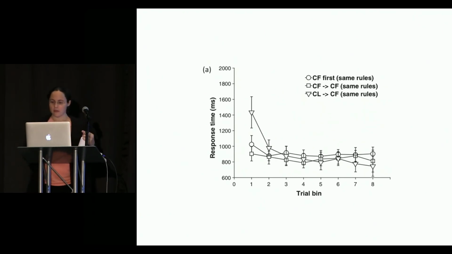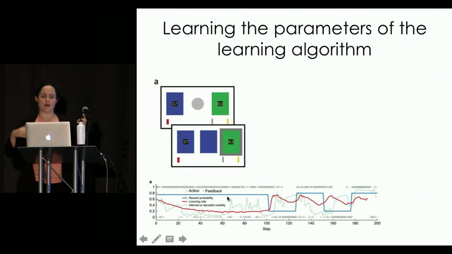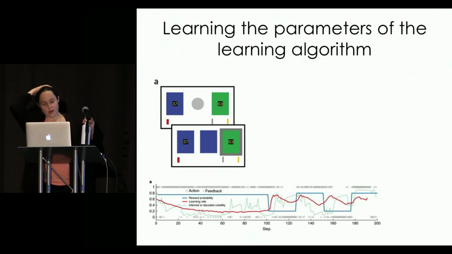Okay. Another version of learning how to learn is learning to tune parameters of your algorithm. So Tim Behrens and colleagues developed this task where it's a 2-arm probabilistic bandit, where participants had to track the probability to figure out which of the actions to pick, and which of the two bandits was valid stayed the same for a while and then changed fast for a while and then became stable for a while again.